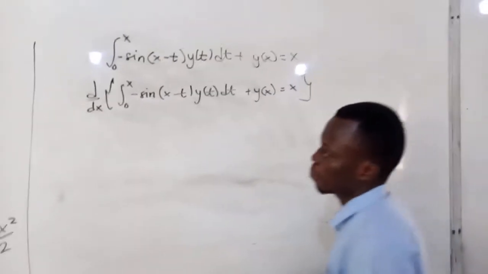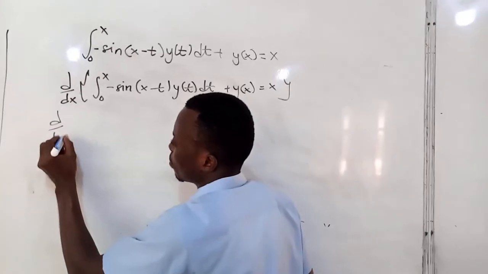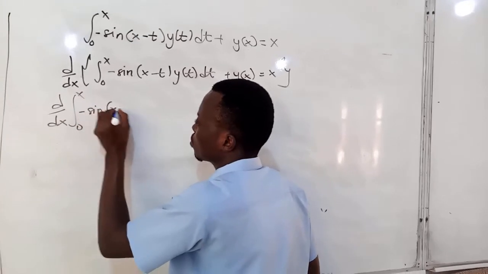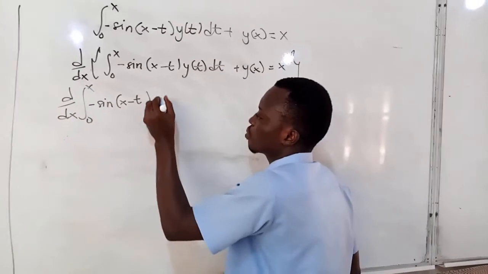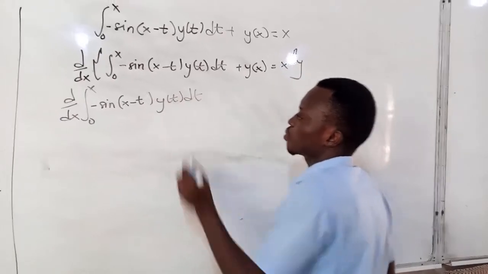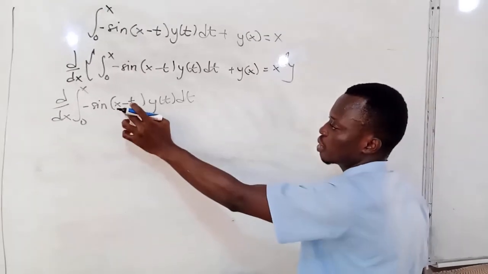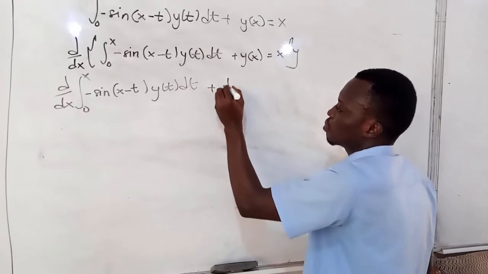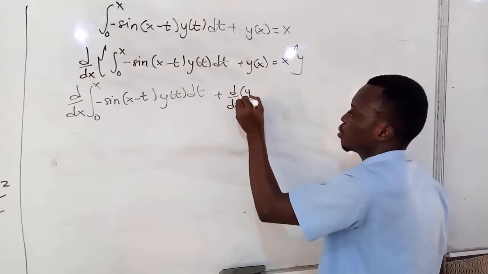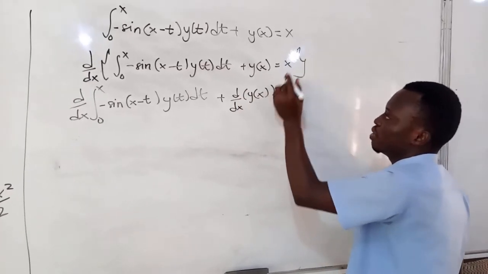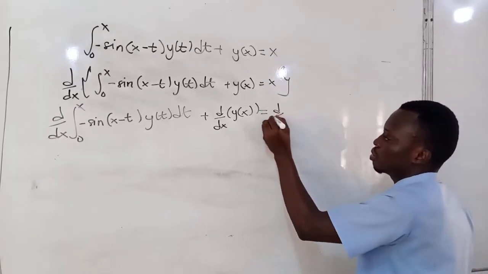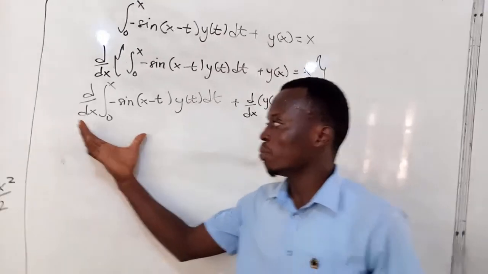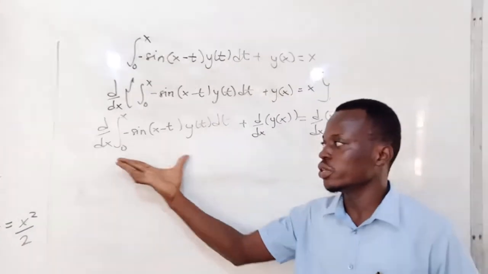We will have d/ds of the integral of minus sine(s minus t) y(t) dt plus d/ds of y(s), and then we differentiate d/ds of s. We still have to apply the same thing, differentiation under the integral sign.